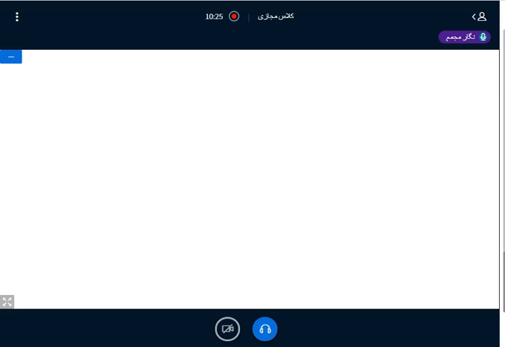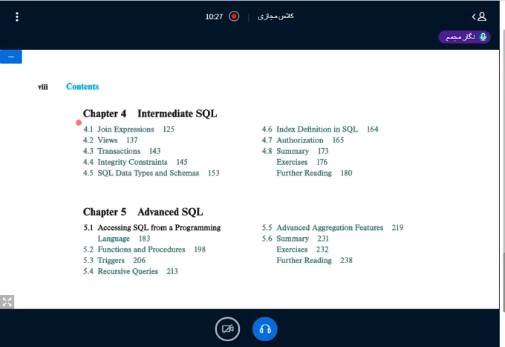Then we go to chapter 4, where we continue working with SQL. In this chapter, we write joins, views, transactions and things like that.